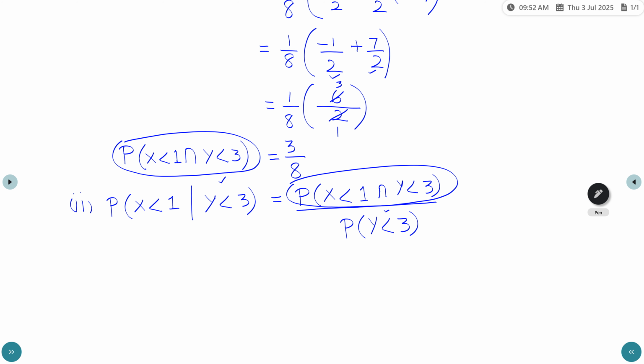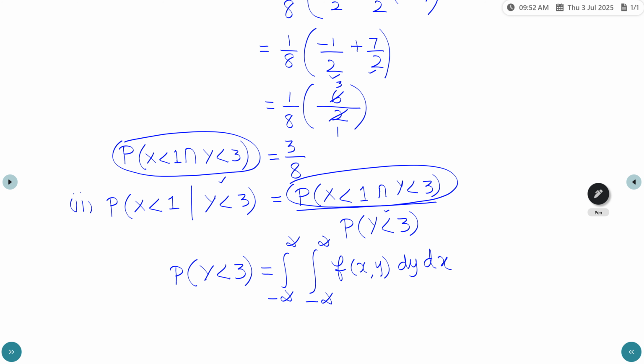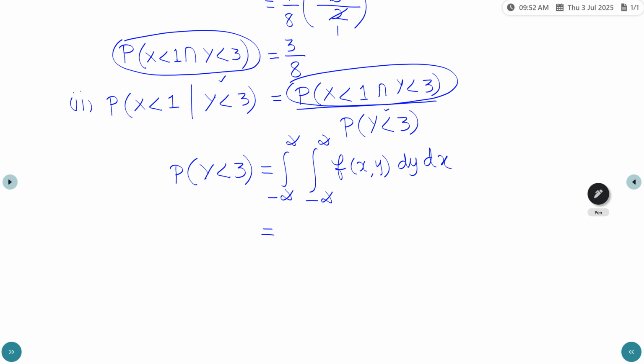So now we need to find P of y less than 3. In the general formula, minus infinity to infinity, minus infinity to infinity, f of x comma y dy dx. Just in this problem, they gave that x value from 0 to 2, so there is no condition here for x.